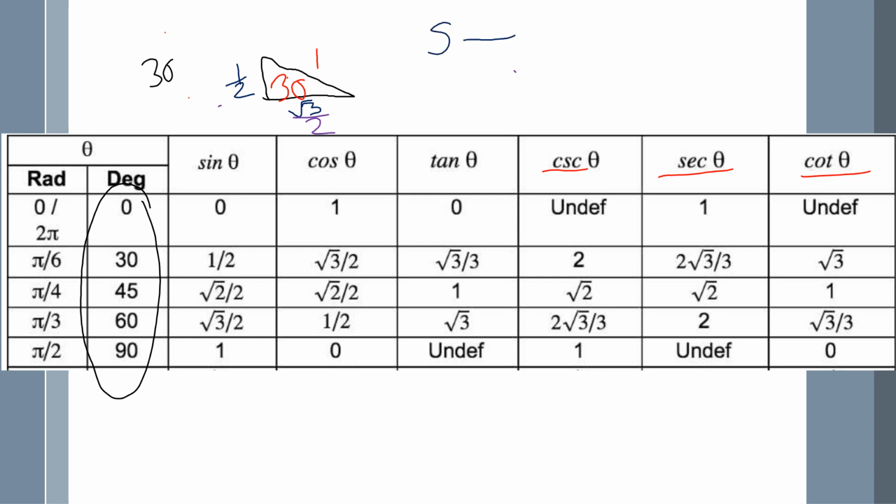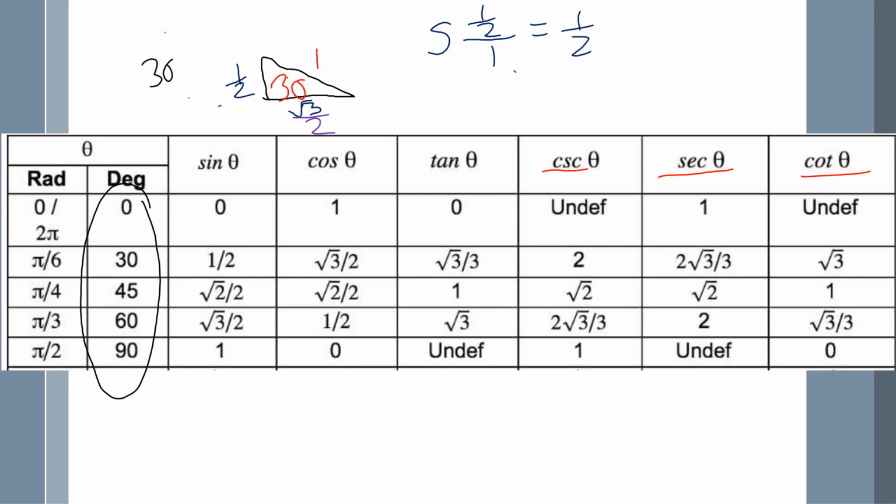We know sine is the opposite, which is 1/2 in this case, over the hypotenuse. 1/2 divided by 1 is what? 1/2. Remember, 1/2 divided by 1 is going to be itself. So boom, that's sine of 30 degrees right there.